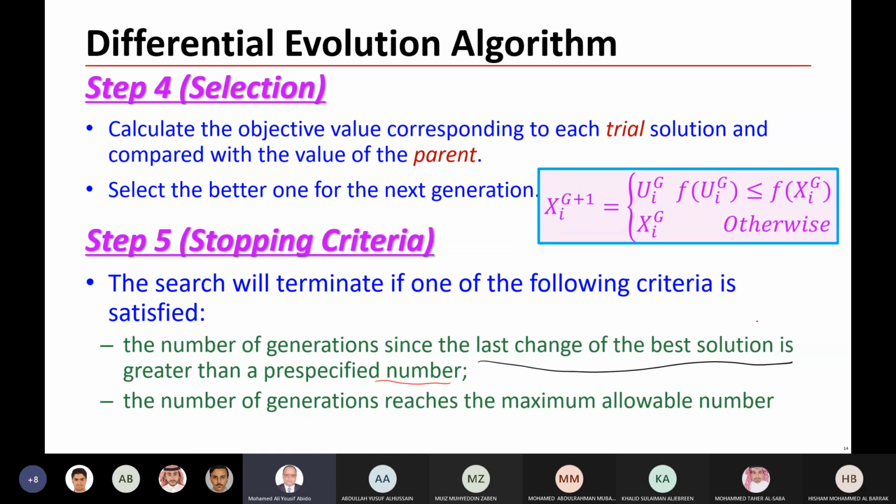As long as the problem is improving, you can allow more, and don't stop the search here. This is Gmax.